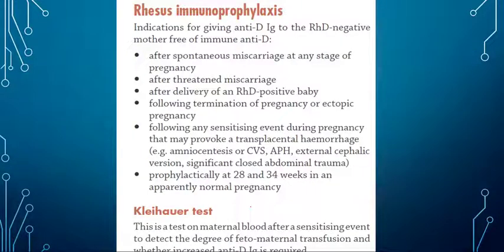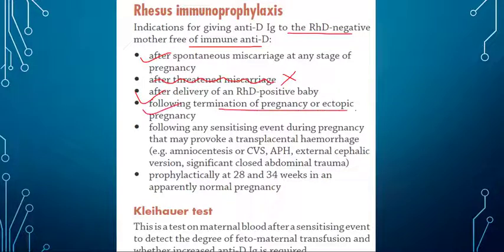And it's not only during this time; there are other times when we have to give anti-D to the Rh negative mother who does not have any anti-D antibodies in her blood. If a patient has a spontaneous miscarriage at any time of pregnancy, you have to give anti-D. After threatened miscarriages, we don't give anti-D in Australia, so forget about it. After delivery, yes.